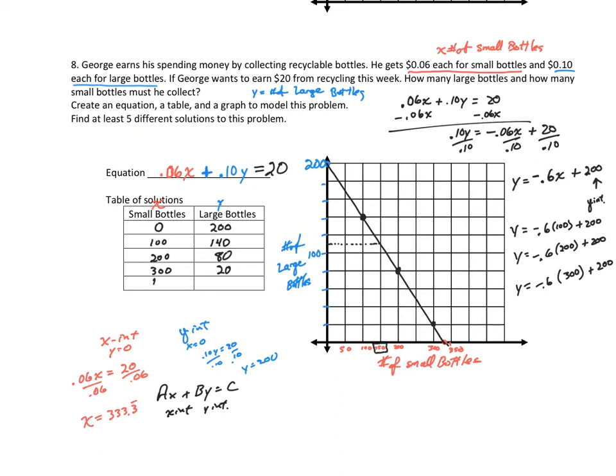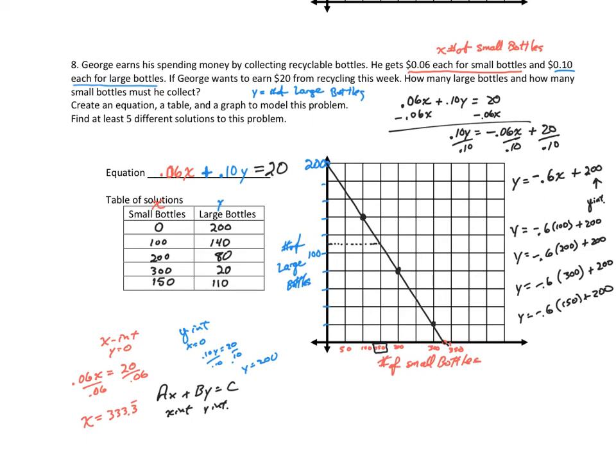So what if I put 150 in there and do the math? y equals negative 0.6 times 150 plus 200. Negative 0.6 times 150 is negative 90, plus 200 is 110. It's a whole number. Yes.